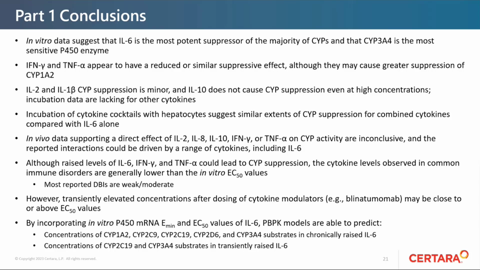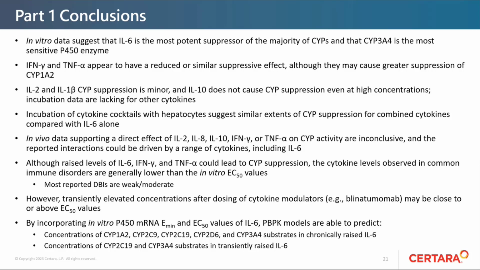Although raised levels of IL-6, interferon gamma, and TNF alpha could lead to CYP suppression, the cytokine levels observed in common immune disorders are generally lower than in vitro EC50 values, and therefore mostly we see weak or moderate drug-biologic interactions.